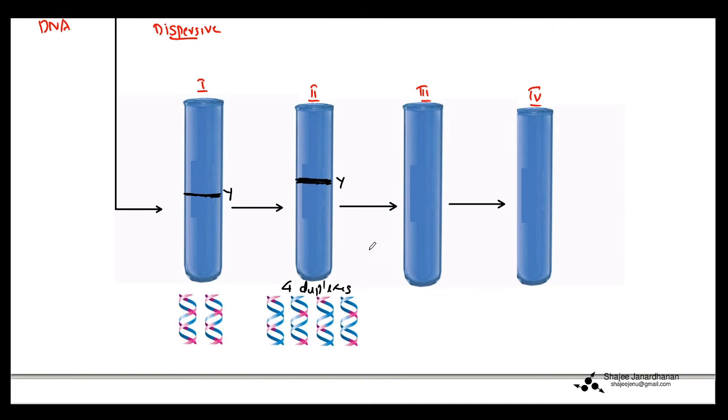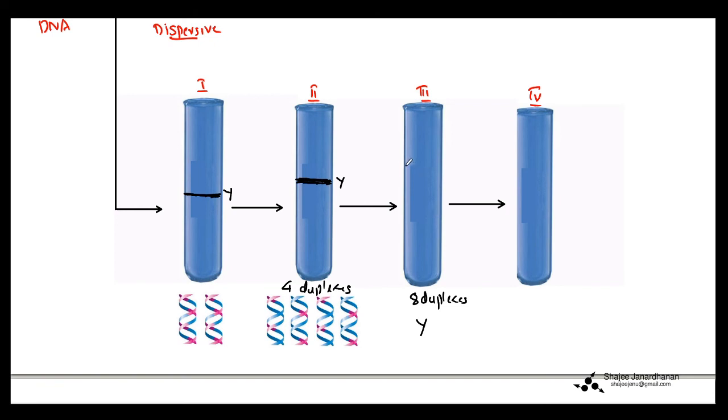Now coming to the third generation, you find that there will be 8 daughter duplexes, and all of these 8 daughter duplexes will be hybrid. Why? Because they still retain the N15 randomly among them from the parent. But all these 8 daughter duplexes will now contain more N14 incorporated than the second generation, but their density is still a hybrid one.